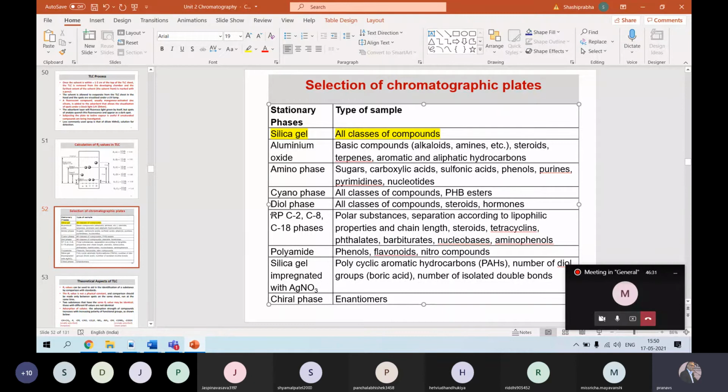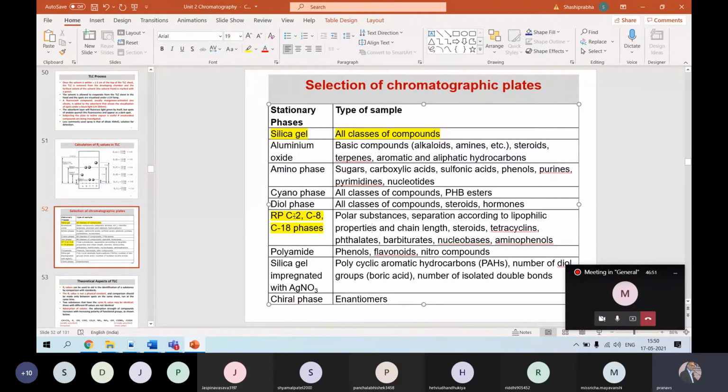Now this is important here: reverse phase, RP. RP means reverse phase, and reverse phase means non-polar. So commercially you find RP C2, C8, C18 phases.